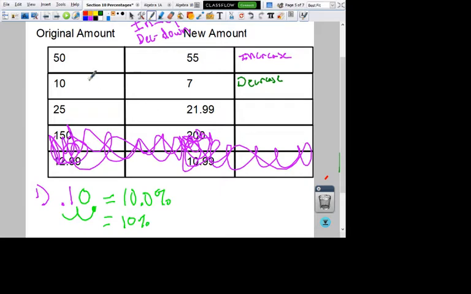Alright, Trayton, help me out. What decimal did you get for this one right here? Alright, Zoe, what decimal did you get? 0.3. Yep, 0.3, right? Okay, I have to move my decimal right twice, just like before.